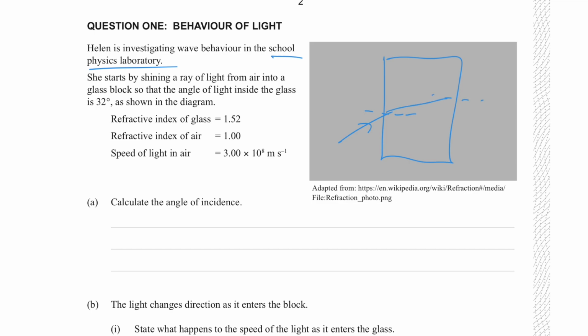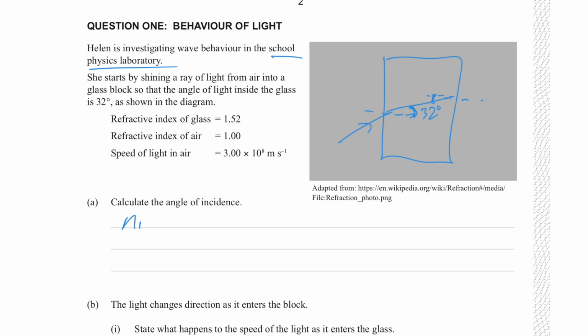So this would be 32 degrees, and so would the angle as it exits the glass. Those two angles would be the same. I don't think it would make sense to have 32 degrees as the other angle, that would probably be too small. Anyway, calculate the angle of incidence.